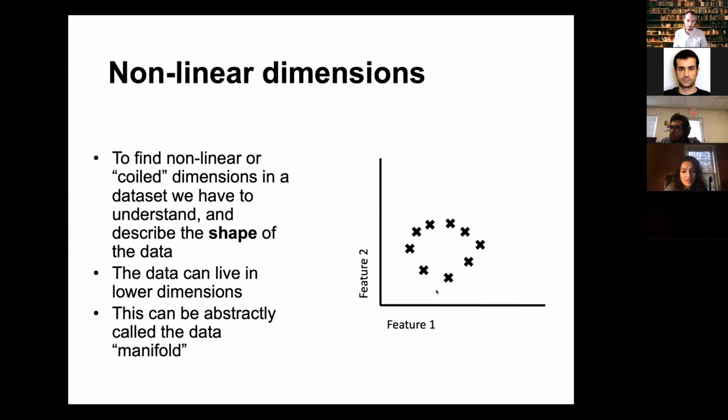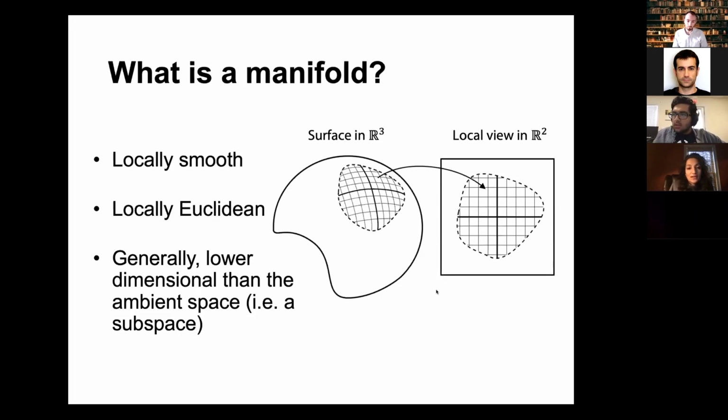Nonlinear dimensionality reduction often involves learning, to various degrees of accuracy, something that can abstractly be called the data manifold, or the shape and the space in which the data naturally lies. When I'm talking about a manifold, we're really talking about this idea that you want to capture as much of the structure in the data as possible. But you do have an assumption that the data lies in a lower dimensional subspace. So it's a little bit like a sheet or the surface of a balloon that lives in 3 dimensions, but it's really a 2-dimensional object that's coiled.